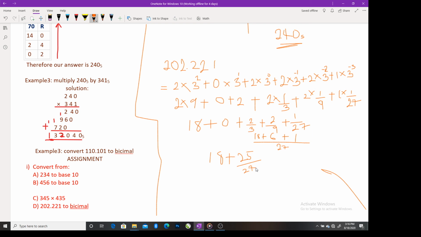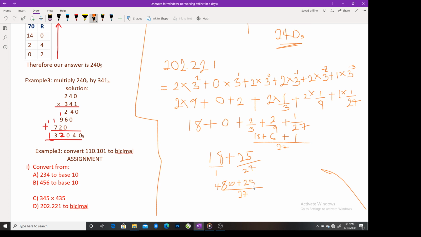What do you have there? You can quickly find the LCM of these. We have 27. 27 times 18 is 486, plus 27 over 27, 1 times 25.